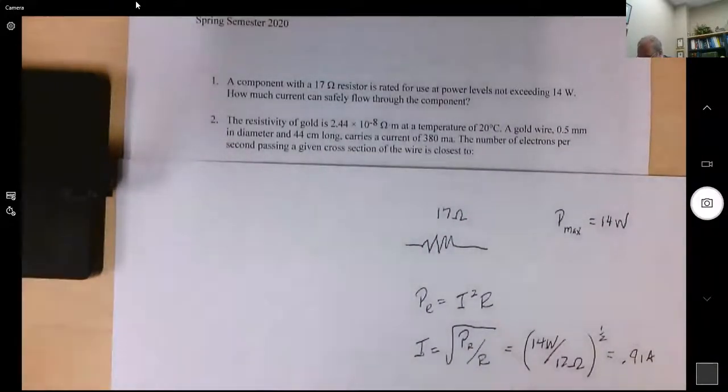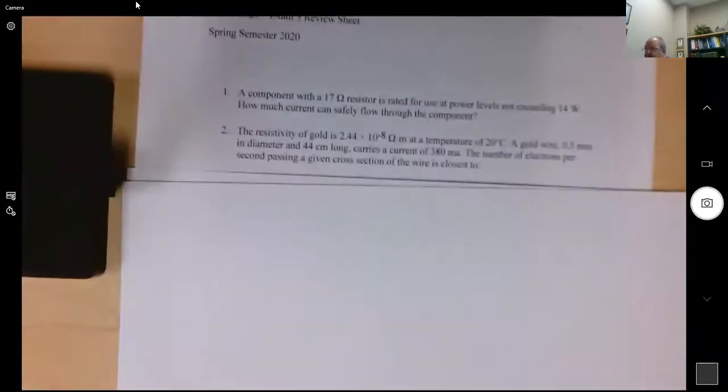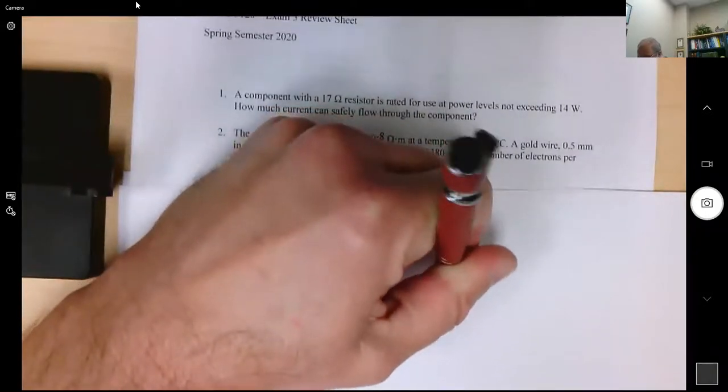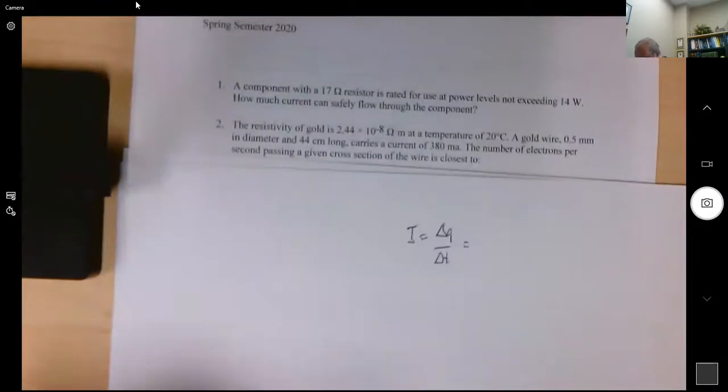So we're given the current already. So we know that I is equal to delta Q over delta T. So that is equal to 380 millicoulombs divided by 1 second.